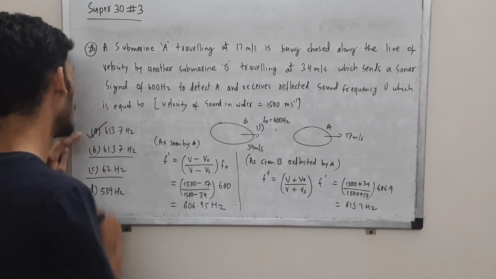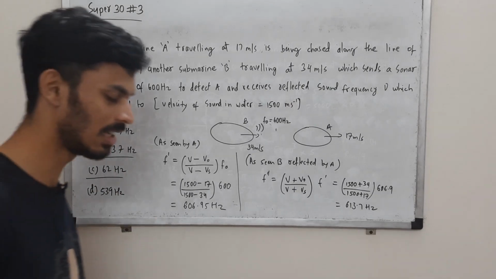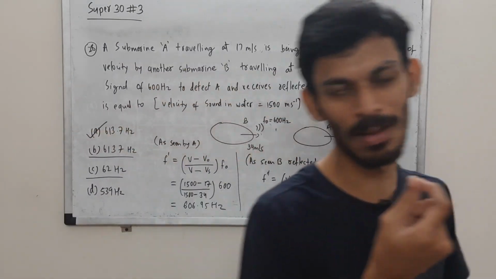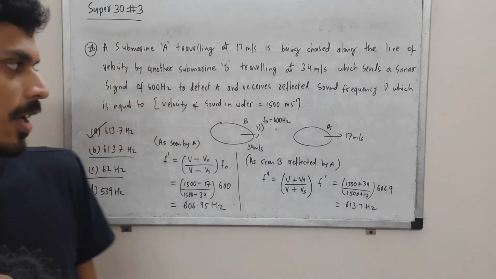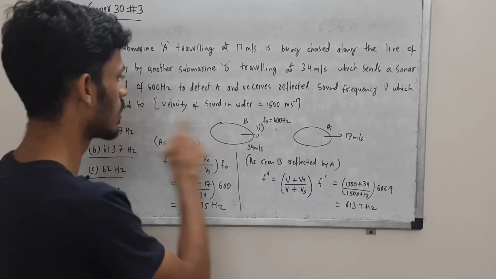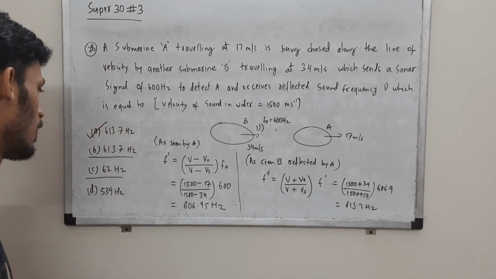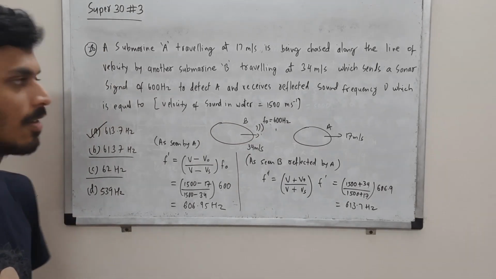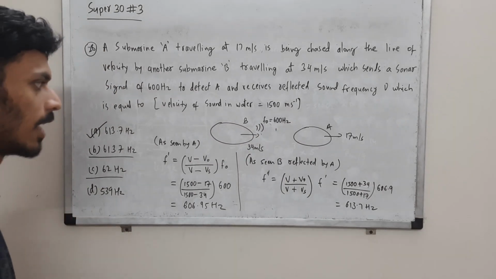So you could take a guess between these and say that one is closer. Usually the difference in Doppler frequency between the original and the final one is very small, not very large. So 600 to 613 sounds reasonable. This is also a difference of about 61, which is more. So that is question 28 for you.